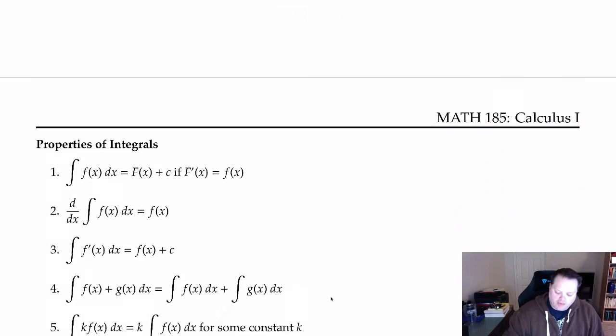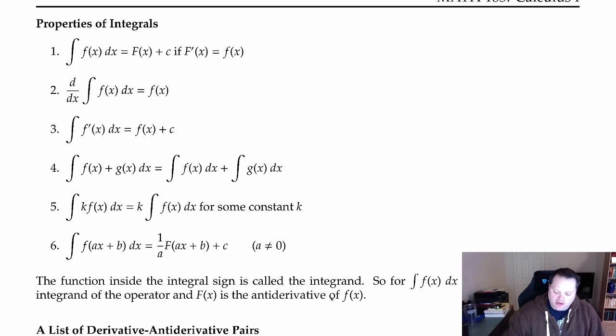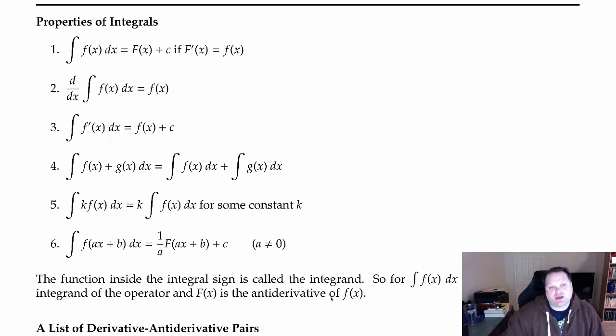All right, there were a couple of properties that we were using in that previous example that I want to call out. The first is, this is basically just a repeat of the definition of what it means to be an antiderivative. And that definition is the antiderivative of little f is capital F plus c, assuming that the derivative of the antiderivative gives me back the original function.